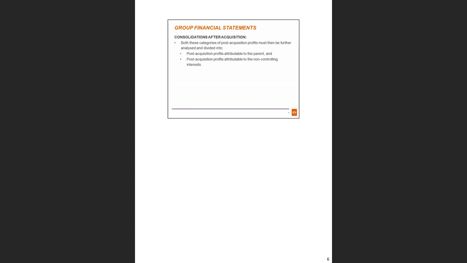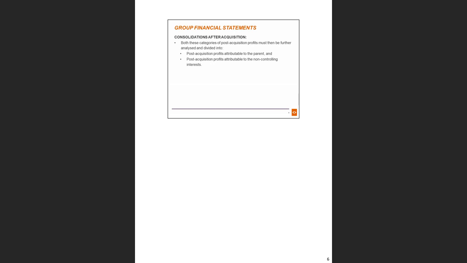So after we have done our analysis of our pre-acquisition profits and our post-acquisition profits for the current year and our post-acquisition profits from acquisition date to the beginning of the current year, we now need to see what portion of this profit is attributable to the parent and what portion is attributable to the non-controlling interest.